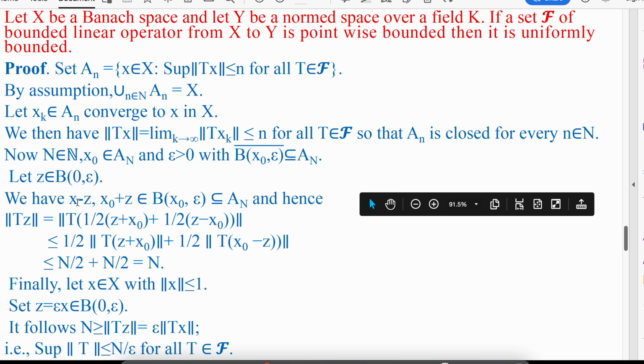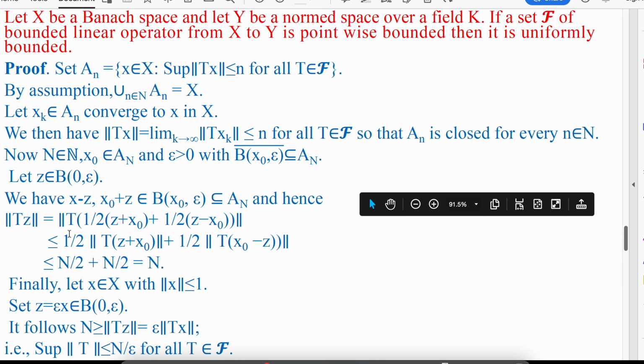So we have x naught minus z and x naught plus z belong to this ball centered at x naught and radius epsilon, and this ball is contained in An.